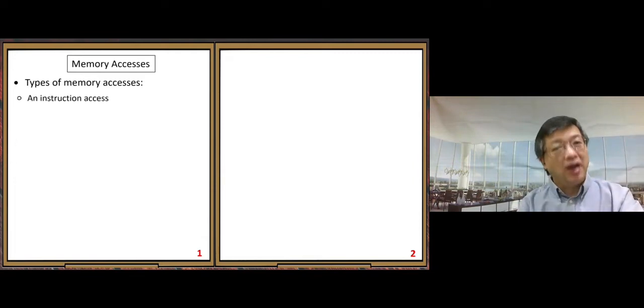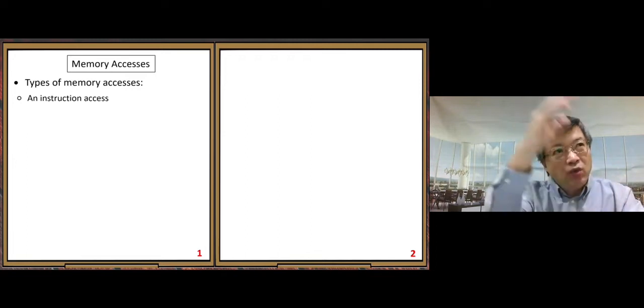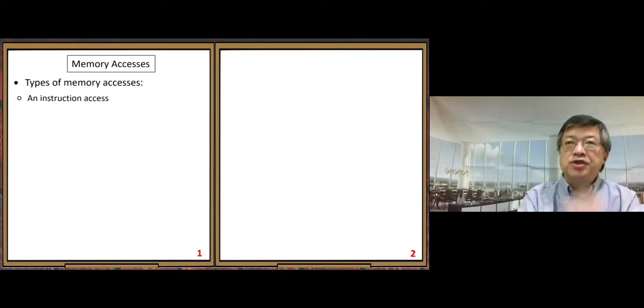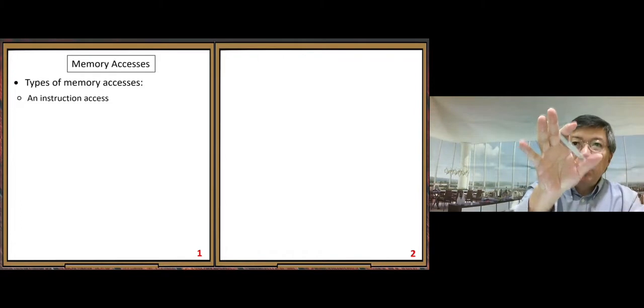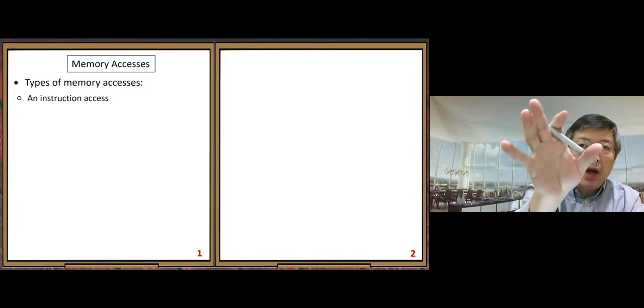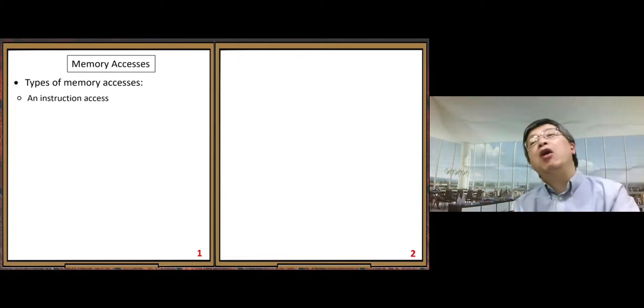These are the two basic types. Instruction accesses: you need to load the instructions of your program first, one after another in sequence. But some of the instructions may need to use data operands.